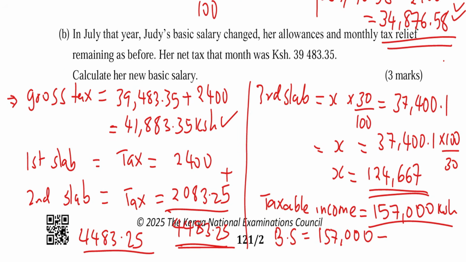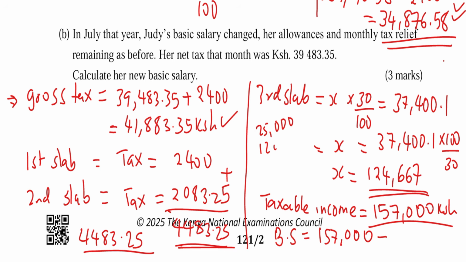Allowances zote ni 25 ya house na 12 ya commuter, which gives you a sum of 37,000. So hizo allowances zote tushapewa kwenye swali, so usiogope.